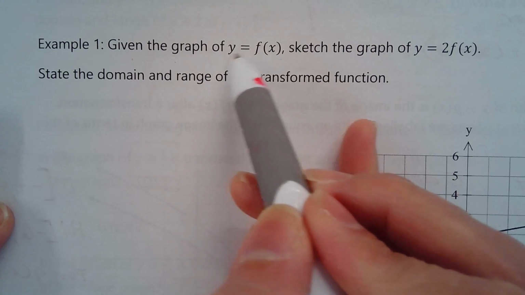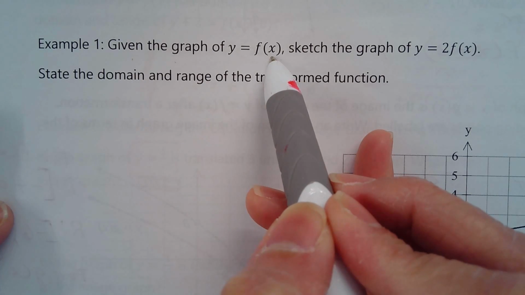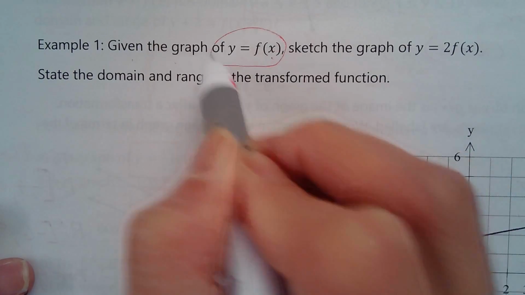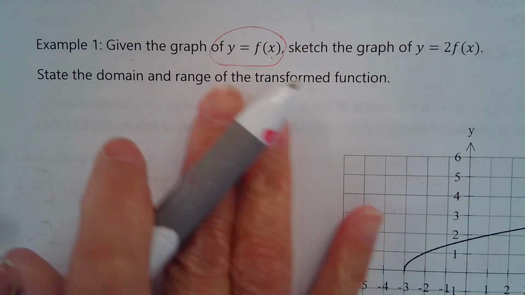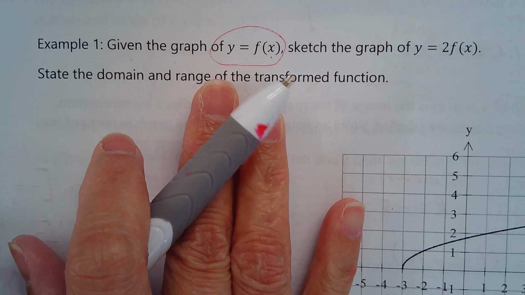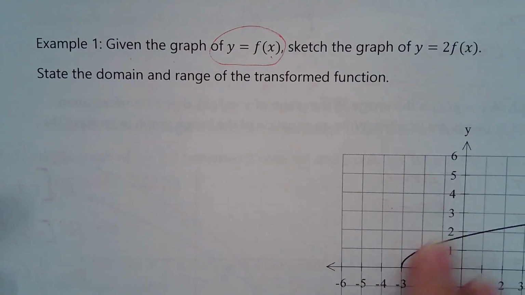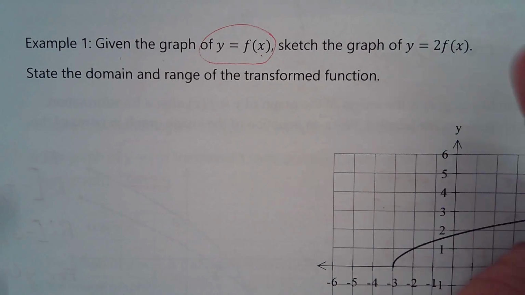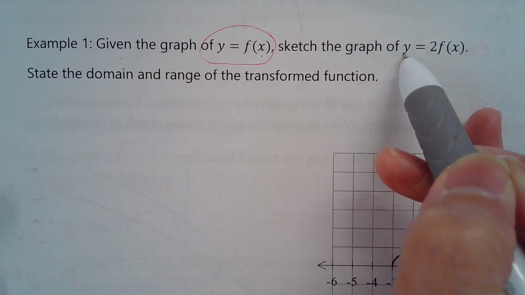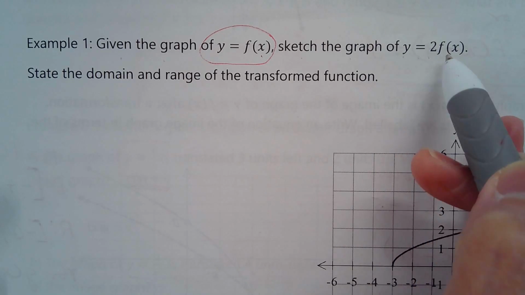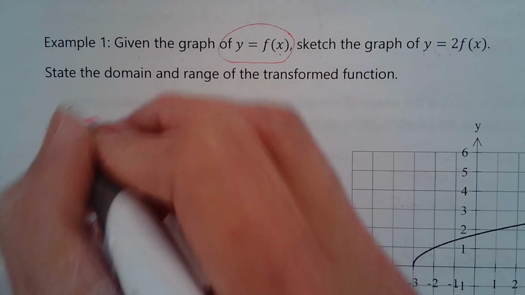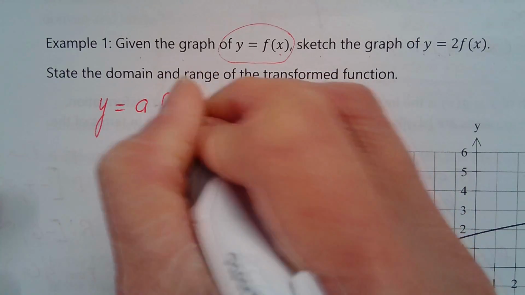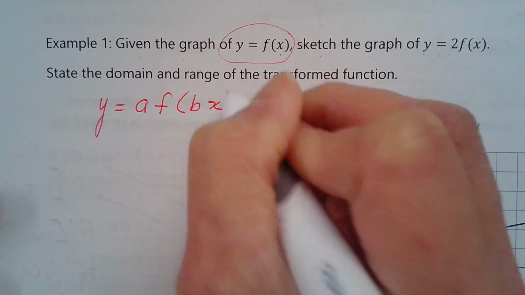Given the graph of y equals f of x, again, that's a standard or general function. We don't know the specific equation that describes this function. But it says here, sketch the graph of y equals 2 times f of x. So y equals a times f of b times x.